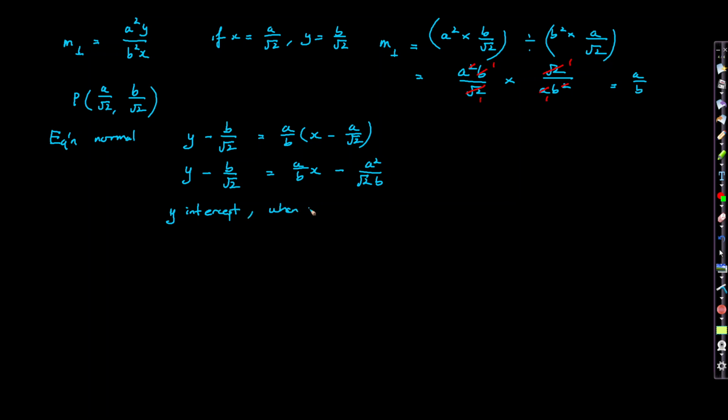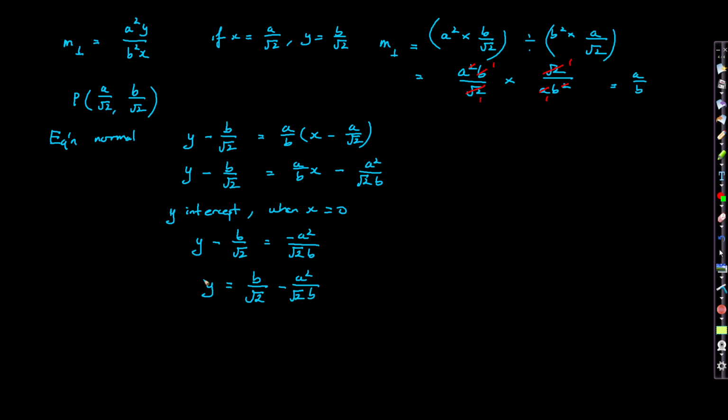When x equals 0, we get y minus b over root 2. This becomes 0, so it would equal negative a squared over root 2b. Now that means that y would be equal to, let's move this to the other side, let's write that positive term first then, minus a squared over root 2b.